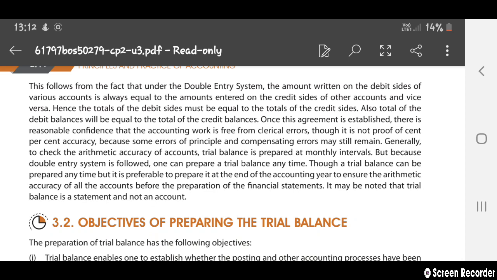Generally, to check the arithmetic accuracy of accounts, a trial balance is prepared at monthly intervals.